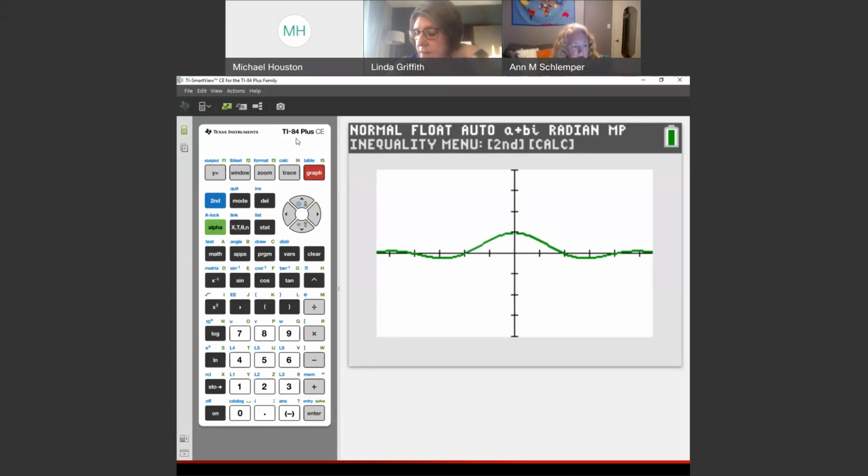And of course, we can trace, and when you trace it, it usually puts you at the y-intercept, and you see that it's not defined because you can't divide by 0. But you can go to either side, and you can see that it looks like it's approaching 1 from the left, and it looks like it's approaching 1 from the right.